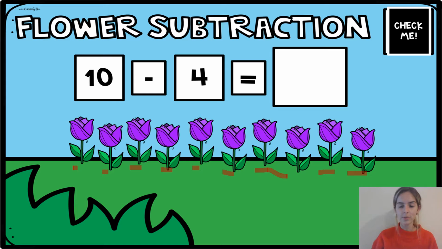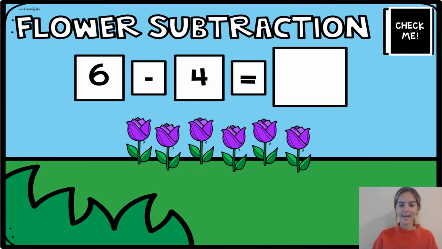So let's cross them off together. 1, 2, 3, 4. And then this is what I'm left with. So let's count these together. 1, 2, 3, 4, 5, and 6. So we are left with 6. 10 take away 4 equals 6.